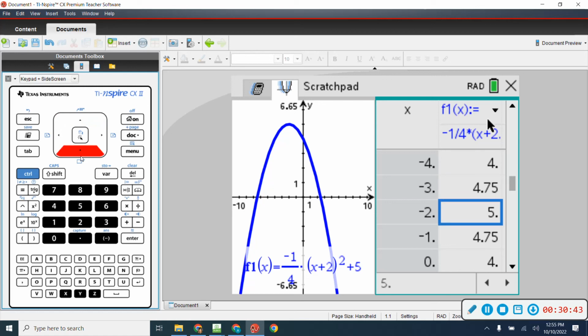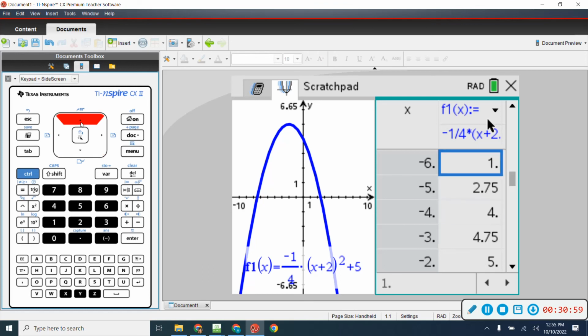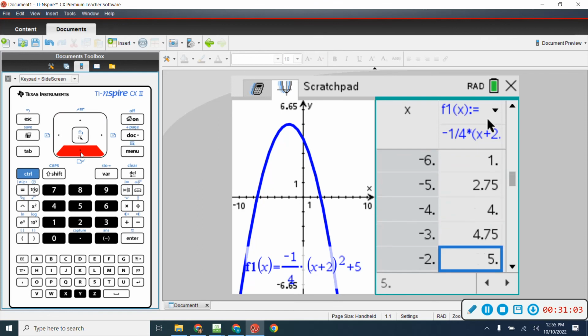Okay, in your table you get decimals because you've got a 1/4 in your equation. So I'm going to skip that negative 3 and I'm going to use negative 4, 4 and negative 6, 1 and then go in the opposite direction and 2, 1.